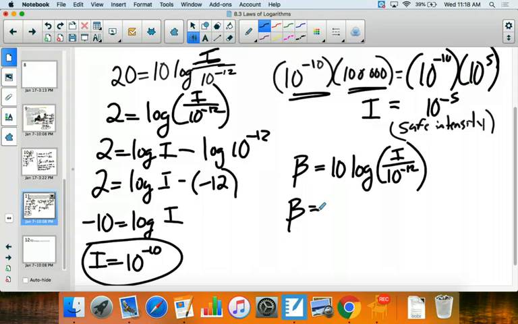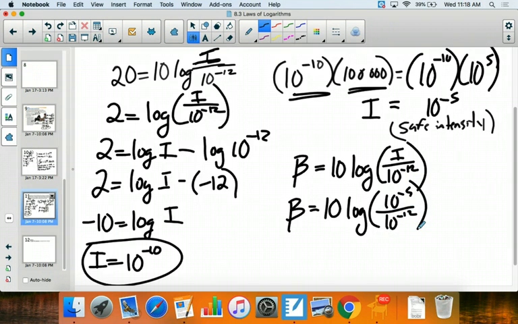Yeah. So, no, you're fine here. So this would be log of 10 to the minus 5 over 10 to the minus 12. Okay? So again, apply your exponent laws. What's 10 to the minus 5 divided by 10 to the minus 12? So it's negative 5 minus negative 12, or negative 5 plus 12, which is positive 7.